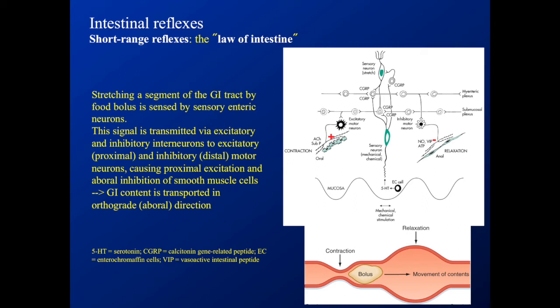Stretching a segment of the GI tract, in other words, if there's food in one area, it's going to be sensed by the enterochromaffin cells that release serotonin, and then you get contraction proximal to the bolus and relaxation distal to it, and this will drive the contents in the aboral direction. This is again an example of the law of the intestine.